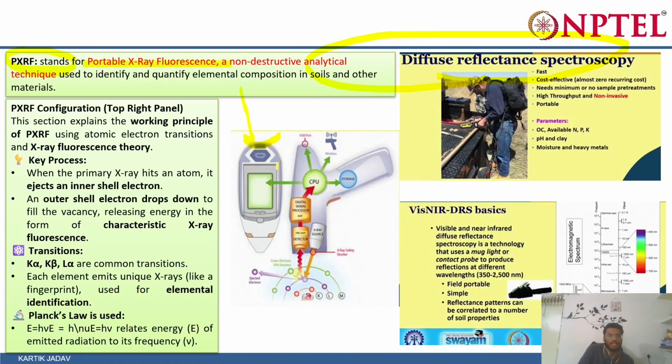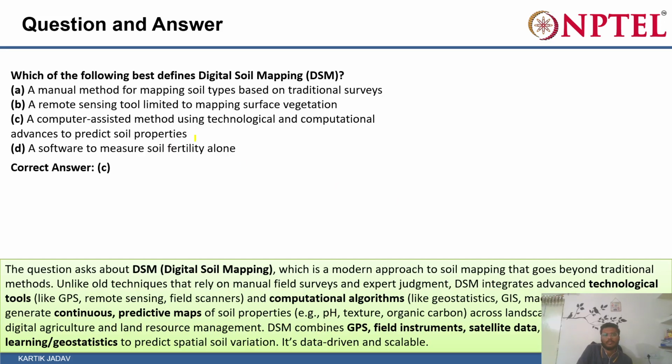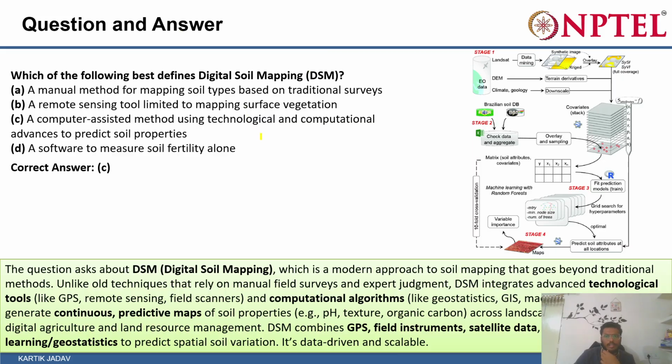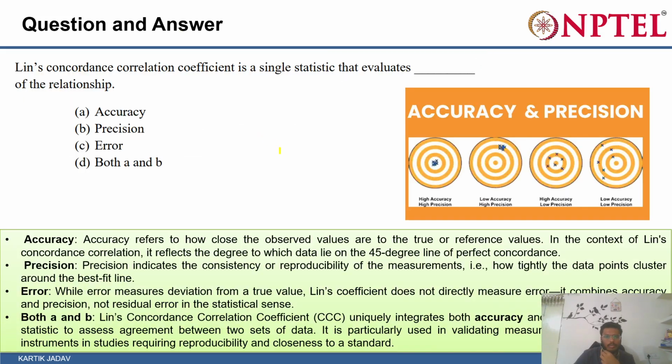I'm not going into detail as we have already covered it in week number 11. So I think all these we have already covered yesterday. So you can refer to my week number 12 lectures. So remaining questions I have already discussed, so I'm not going into more details of this.